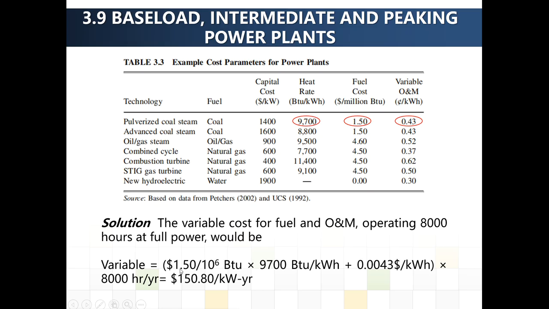So we obtain the fuel cost per kilowatt hour, plus the variable cost per kilowatt hour, and then multiply by the total operating hours, 8,000. We obtain the variable cost equal to $150.80 per kilowatt per year.